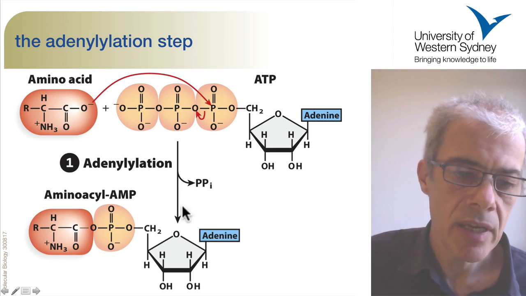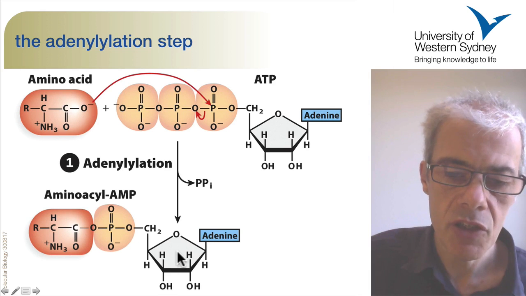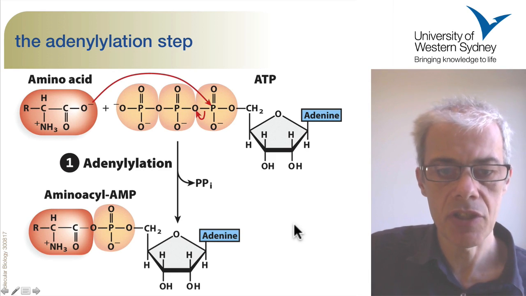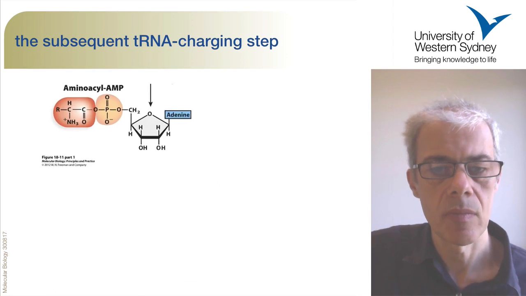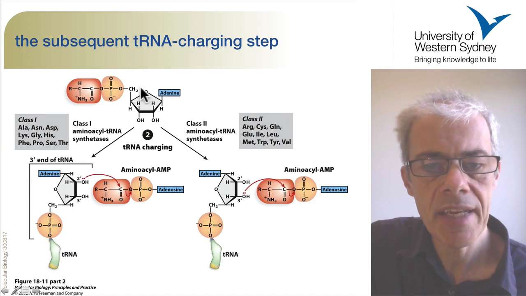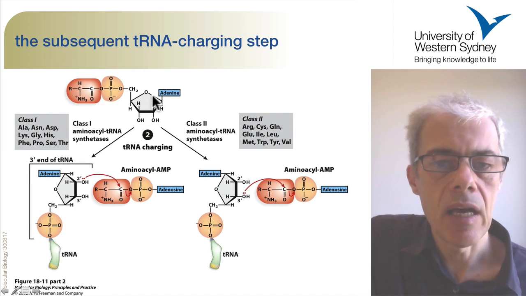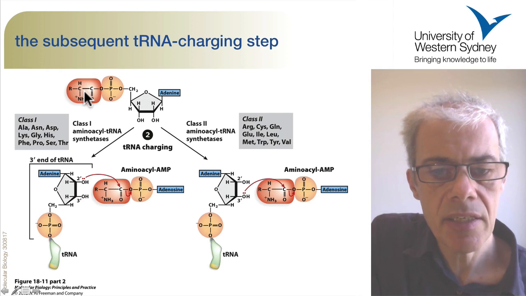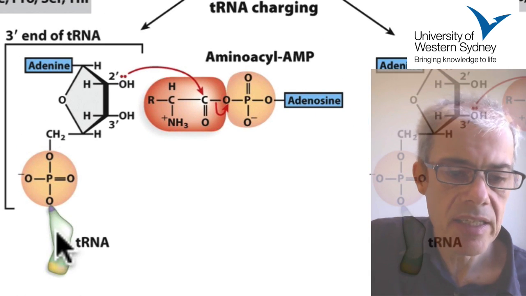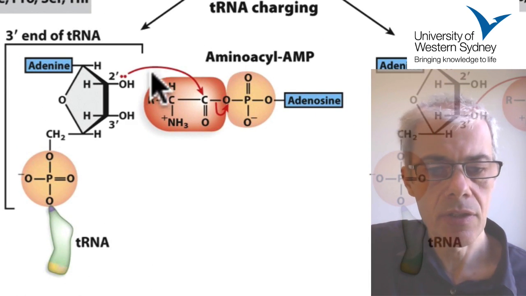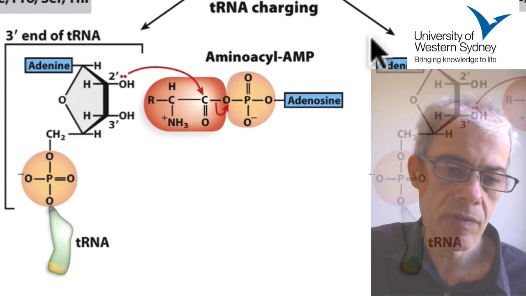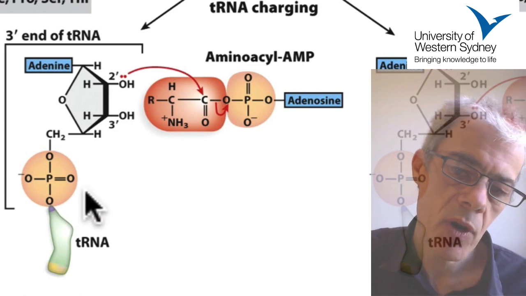The second step is the attachment of this to a transfer RNA, which is shown here. So the second step takes this activated amino acid, and it's charged and added to a transfer RNA. So there are two different paths it can take, but they're both very similar.